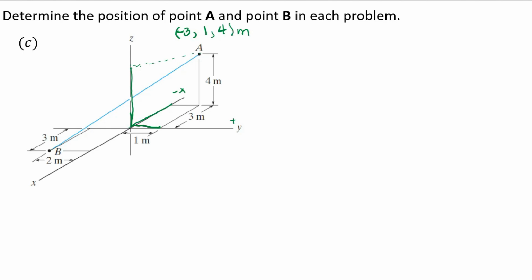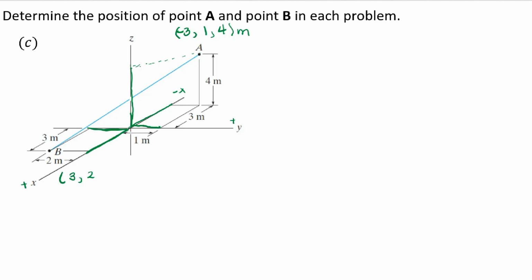Okay, so that is for point A. For point B, what is the distance of point B along the x-axis? This is the x-axis, then I need this, and that will be 3 meters. That is positive because it's going to positive x. Now, what is the distance of point B again along the y-axis? This is that dimension, and that is 2 meters.